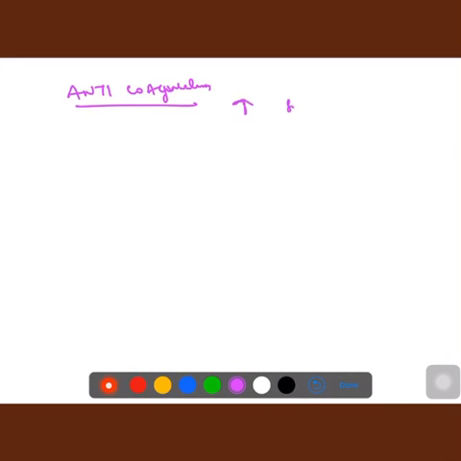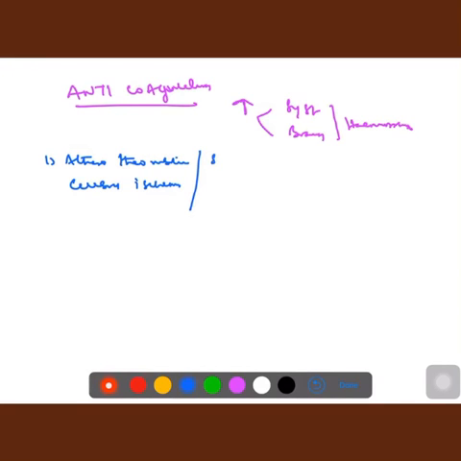Then anticoagulation. Anticoagulation is very risky, so it is not recommended because it increases the risk of systemic and brain hemorrhages. In atherothrombotic cerebral ischemia and stroke associated with arterial dissection, anticoagulation should not be given. For both cases, the only treatment is aspirin.